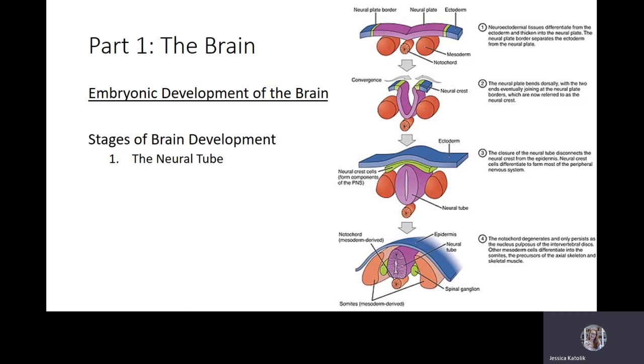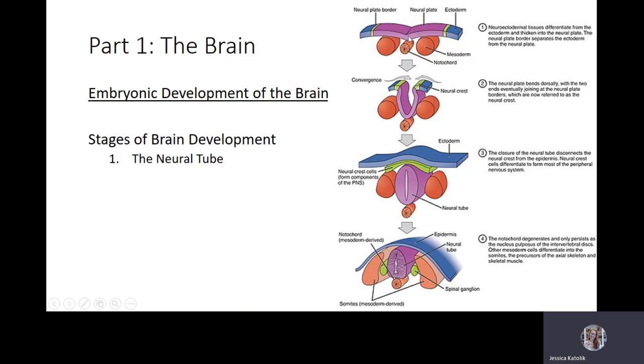The brain and spinal cord are going to actually develop from the ectoderm. And what we'll see here is early on, before day 20, a portion of the ectoderm will differentiate, so the cells will change their function, and they will become the neuroectoderm.